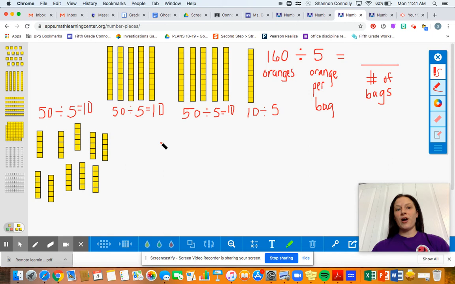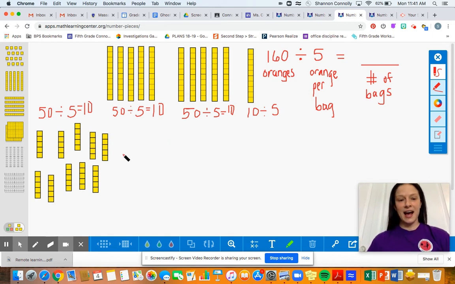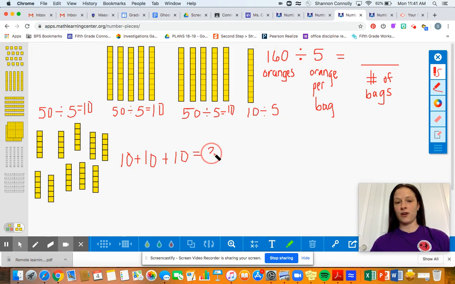So what I'm seeing is that I know that in the first 50, I would make 10 bags. In the second group of 50, I could make 10 more bags. And in the third group of 50, I could make 10 more bags. So with these 50, 100, 150, I know so far that's 30 bags.